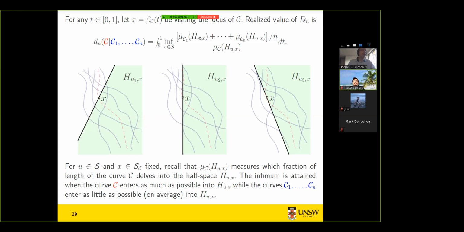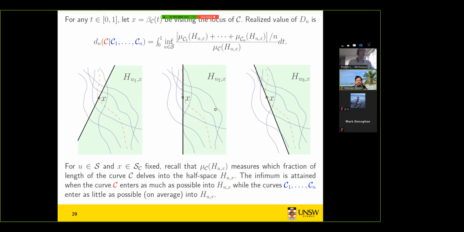And now at the top here, I do the same job for all the other curves, C1 to Cn, all these other blue curves. And I compute, you see, the sum divided by n, so I compute the average. So on average, how much the blue curves go into this green space. And I take this ratio. And I do that for all the possible green spaces, all the possible half spaces. So the infimum will occur when the red curve is quite different from the blue curves.